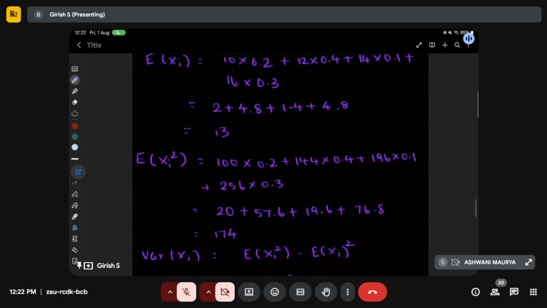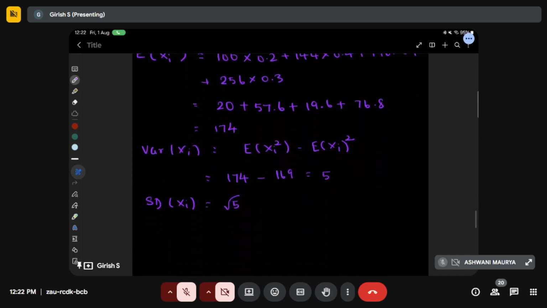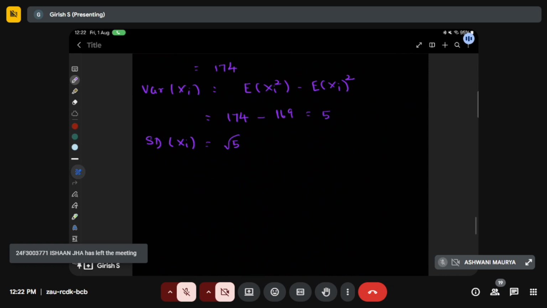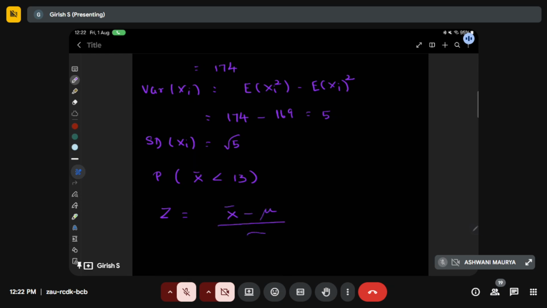In this question, I will transform the question into the probability statement now. Find the probability that the average number of cherry puffs x bar will be less than 13. Okay. So now I can write Z here. Let us convert this into a normal distribution: X bar minus mu divided by sigma.